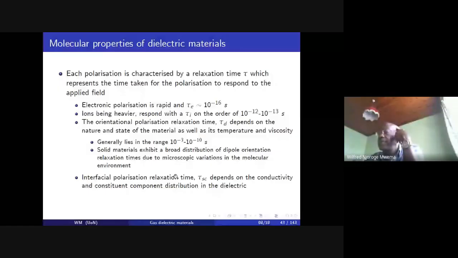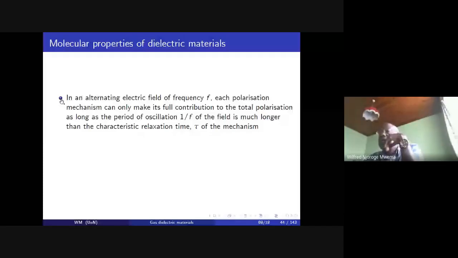Interfacial polarization relaxation time will also depend on the conductivity distribution in inhomogeneous materials, and will generally be long, usually on the order of a millisecond to 1 second.